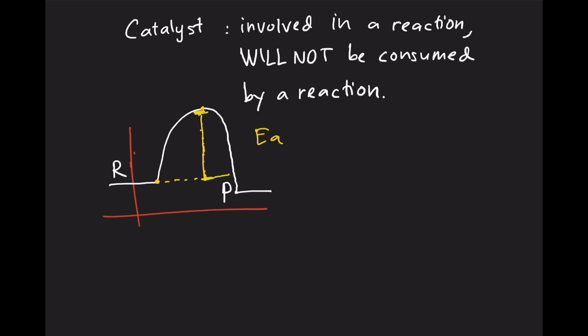Now, if we have a catalyst, the catalyst will provide alternative routes. So this is the keyword, alternative routes, so that instead of climbing this hill, it will go to a different route, say the one in the color of purple.